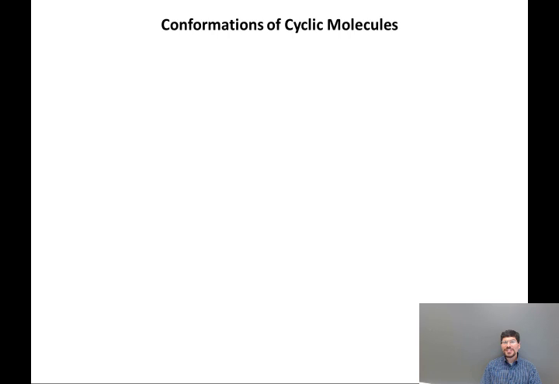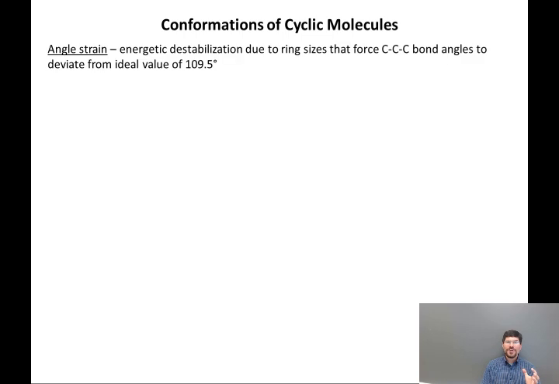So once molecules are forming rings, what we have to be thinking about most is the angle that is required for a certain ring size relative to the desired hydrogen-carbon-hydrogen or carbon-carbon-carbon angle of 109.5 degrees.